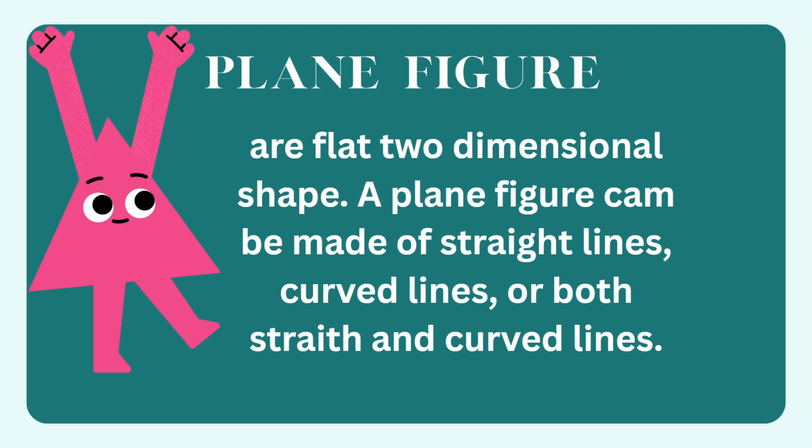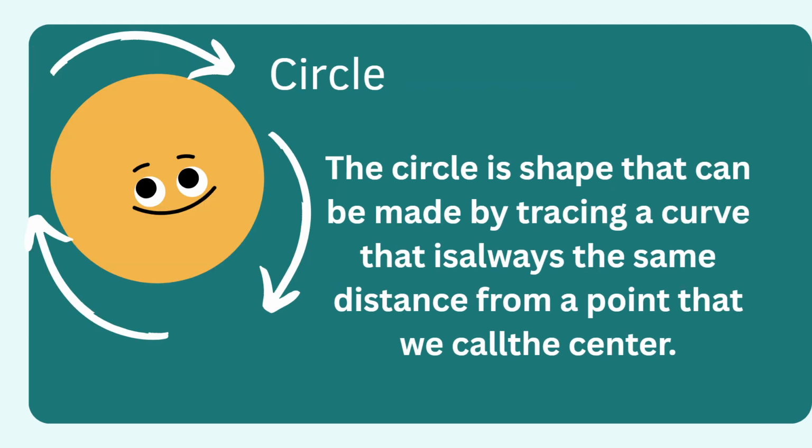Plane figures can be made of straight lines like squares and triangles, curved lines like circles, or a combination of both. So let's look at some examples.